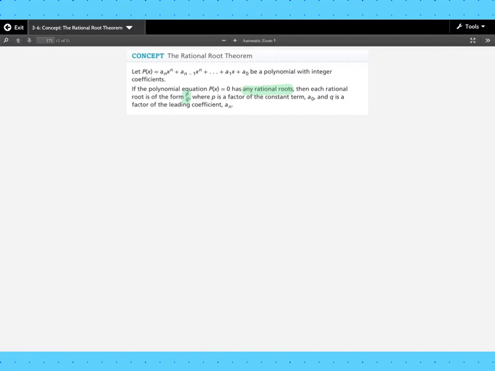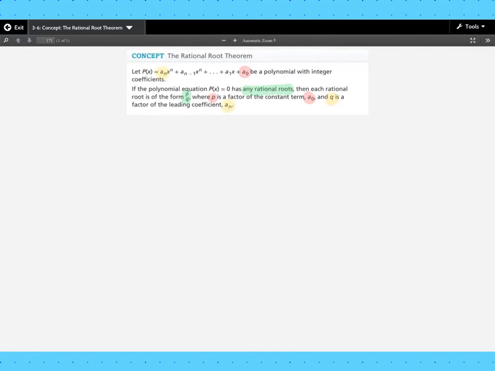And what is that fraction? The numerator, p, is a factor of the constant term. So the constant term is here, right? And q is a factor of the leading coefficient, an.